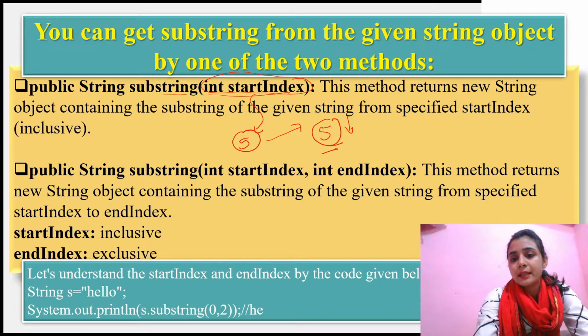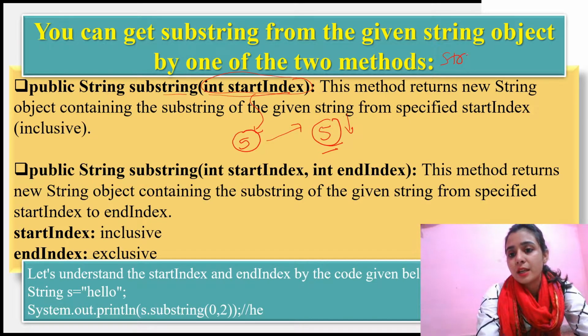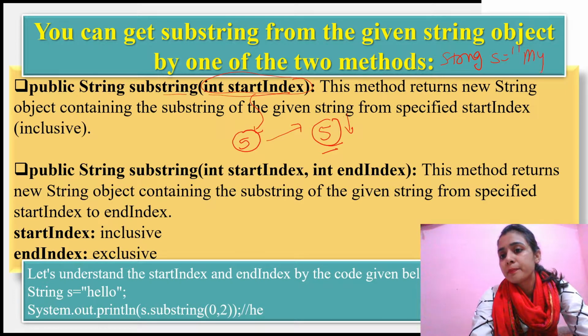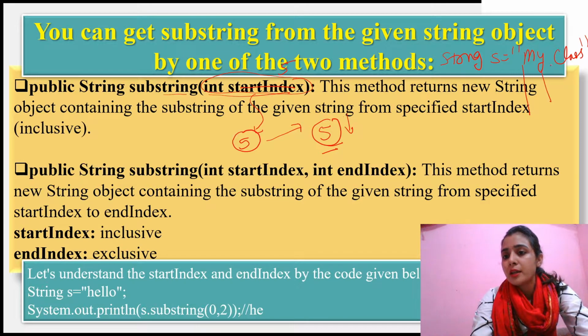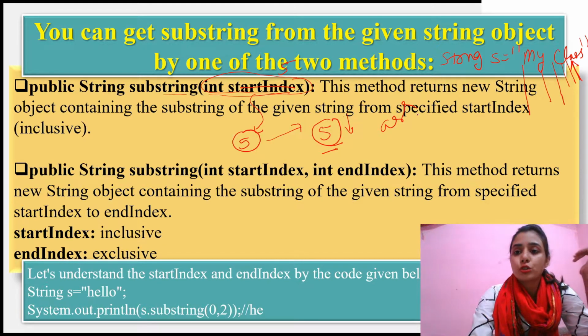Let's say I have a string s is equal to "my class". If I write 5 here, counting 0 1, the space is also included, 2 3 4 5, it will start from the 5th index, so "ass" with a double s will be printed.